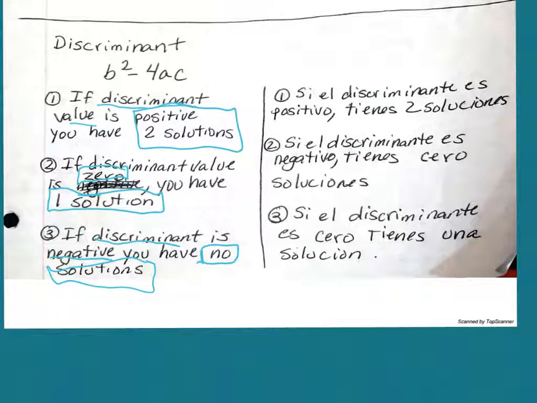Remember that we've had conversations about imaginary numbers, and I've told you that we're not going to go into more detail because that is a topic for Algebra 2, all right? So when the discriminant is negative, you will have no solutions, but those are no real solutions, all right? That is the second component.